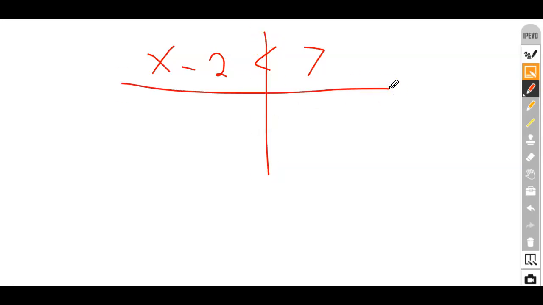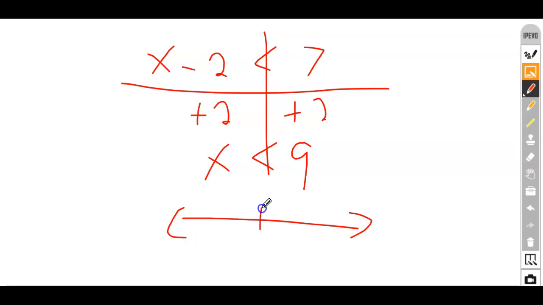And then I said x minus 2 is less than 7. So we solve these by doing the same thing we did with equations. We make our t-charts. I get rid of minus 2 by doing what? Adding 2. And x is less than 9.